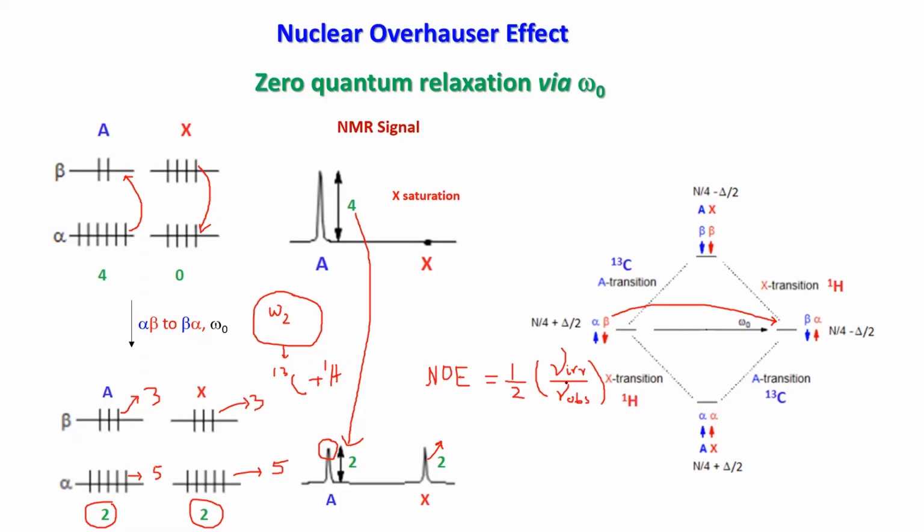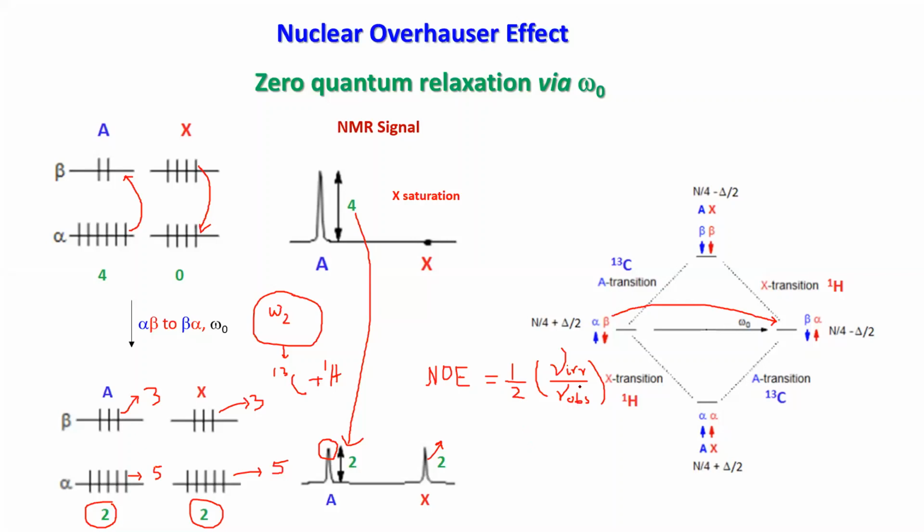Suppose you are considering one proton, and whatever is the peak position of that proton, based on that you are selecting the selective irradiation frequency. So that will help that proton to undergo quickly saturation, and it will have an impact on the nearby protons of that proton environment.